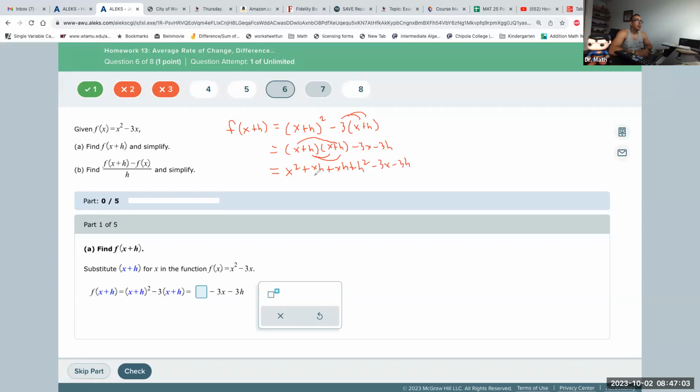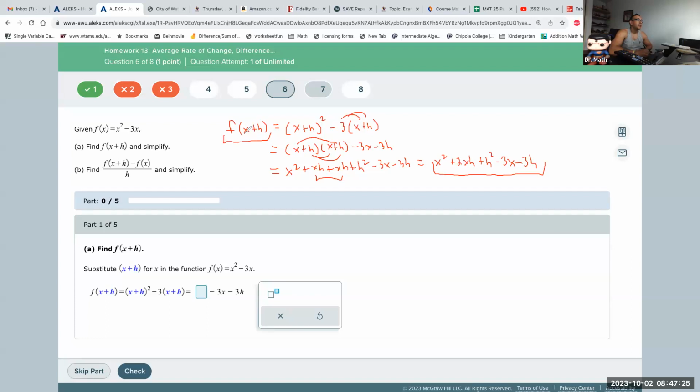All right, I combine my like terms. These are my only like terms. So I'm left with x squared plus 2xh plus h squared minus 3x minus 3h. So notice this is for f of x plus h.